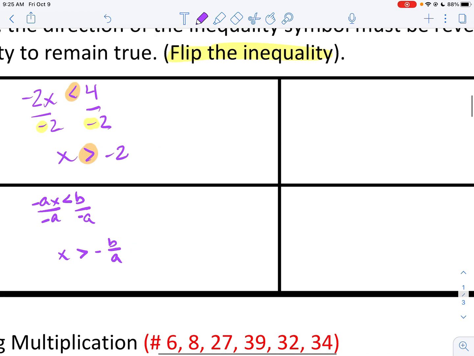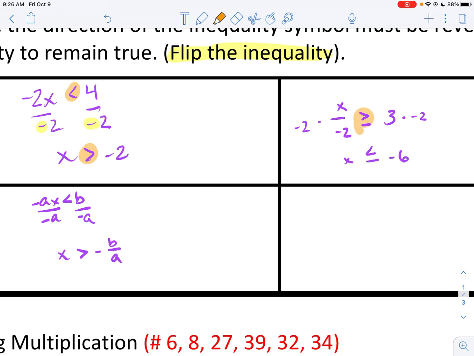Same thing goes with division. Let's say I have x over negative 2 is greater than or equal to 3. I would multiply by negative 2, get x is negative 6, but remember, you have to flip it.